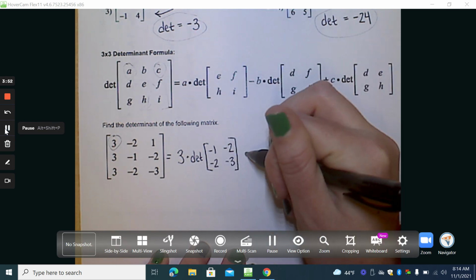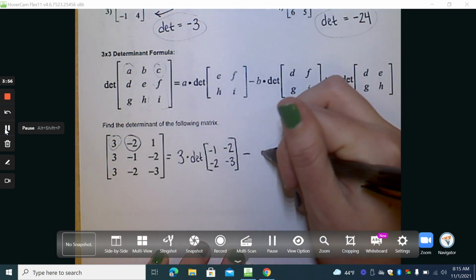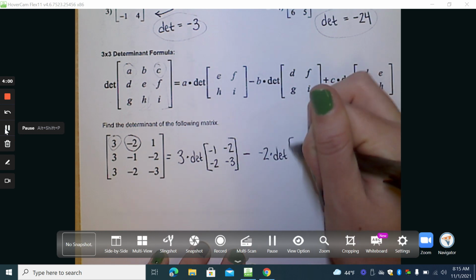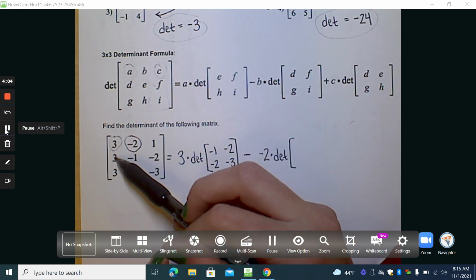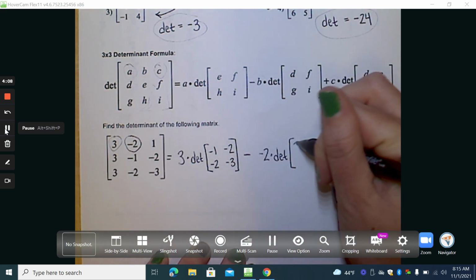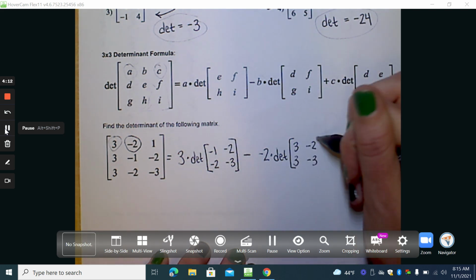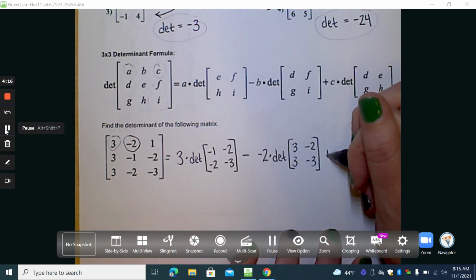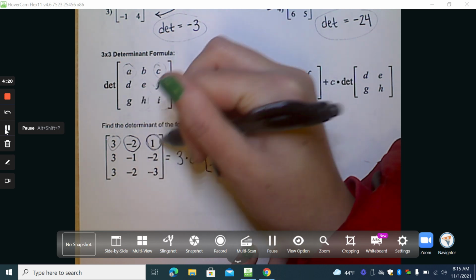And then I'm going to have a subtraction sign, and I'm going to use my second number, negative 2, times the determinant of a matrix made up of the numbers not in the same column or row. So that would be 3, 3, negative 2, negative 3.